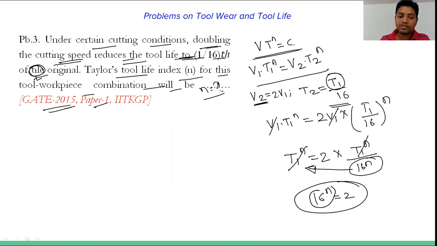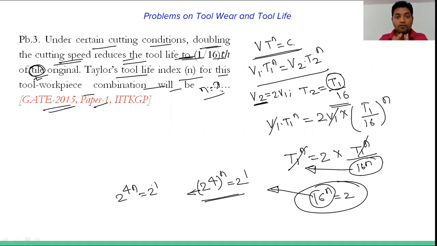From the left hand side we can write 16 as 2 raised to 4, raised to n, which equals 2 raised to 1, because on the right side there is no power, only 2, so we can write it as 2 to the power 1. So 2 raised to 4n equals 2 raised to 1. The power of a power is multiplied, so this becomes 4 into n, not 4 plus n.